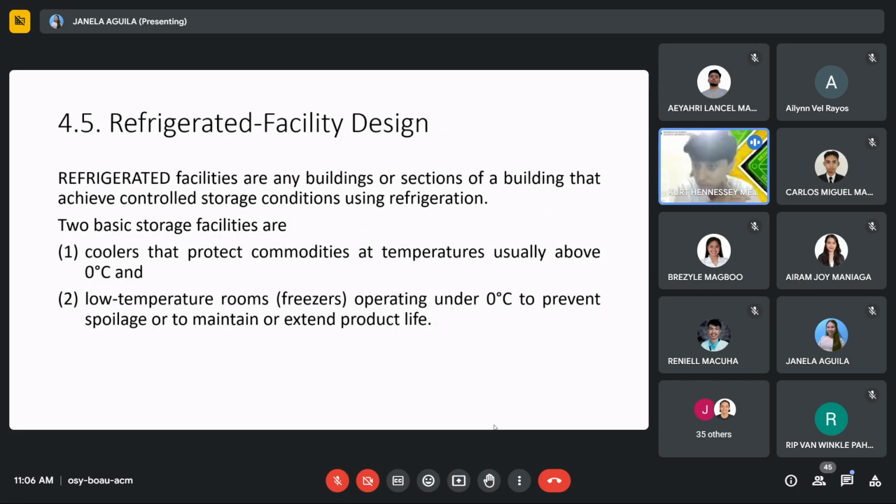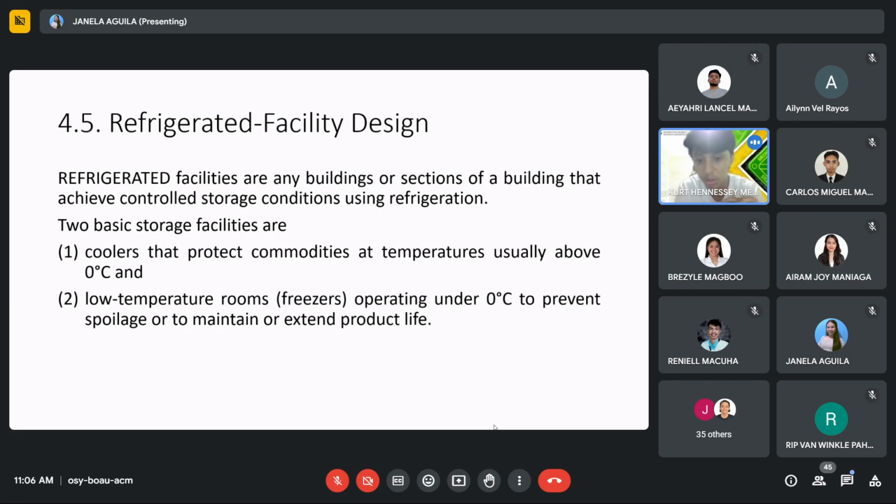Sunod naman po is refrigerated facility design. Refrigerated facilities are any buildings or sections of a building that achieve controlled storage conditions using refrigeration. Refrigerated facility design is about creating and maintaining controlled temperature environment for storing and processing food, pharmaceuticals, chemicals, and other sensitive products.